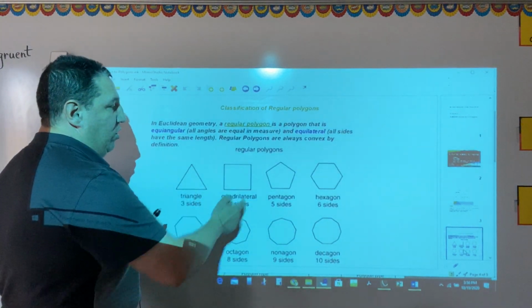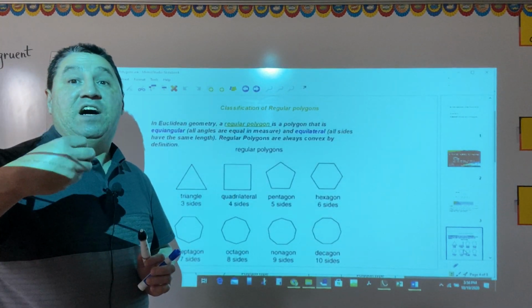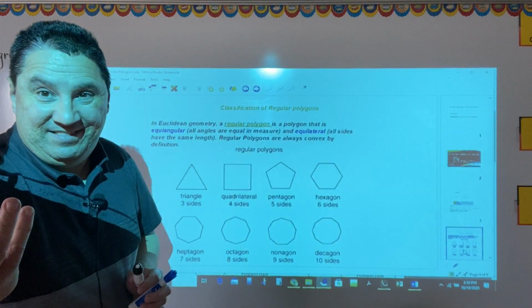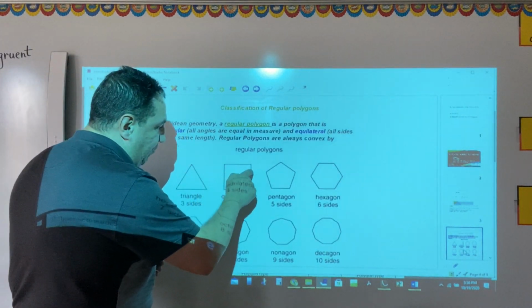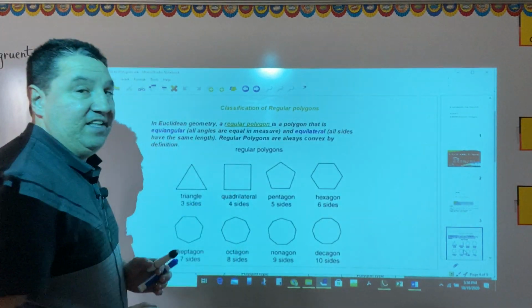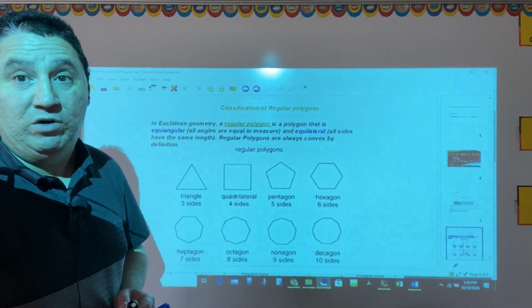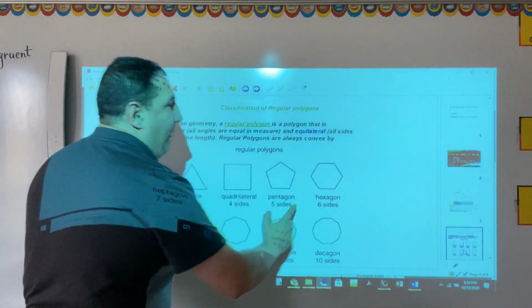Next, in increasing order, is a square. A square is a regular quadrilateral, right? Why? Because all of its four sides are congruent, all of its four interior angles are congruent and equal to 90. Next is a regular pentagon, right?